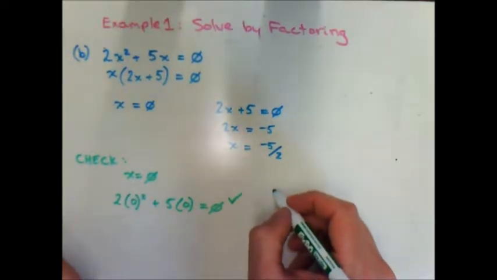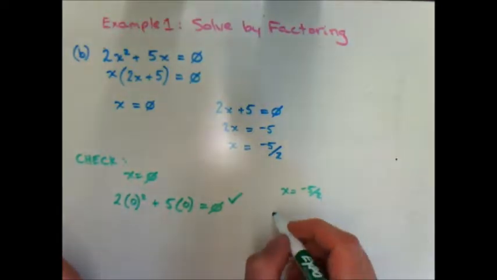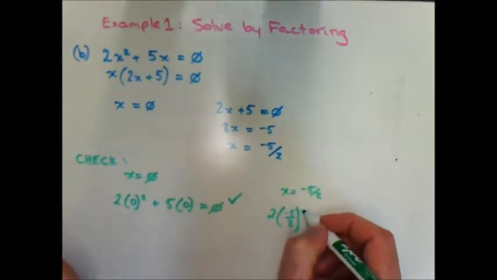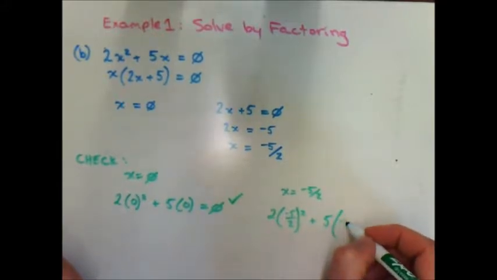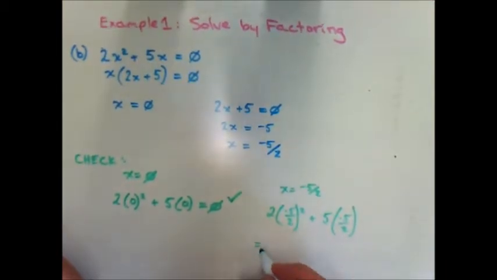Well, let's check what we get when we sub in x equals negative 5 over 2. So we've got 2 times negative 5 over 2 squared plus 5 times negative 5 over 2. Negative 5 over 2 squared, that's just negative 5 over 2 times negative 5 over 2. Two fractions, top times top, bottom times bottom.